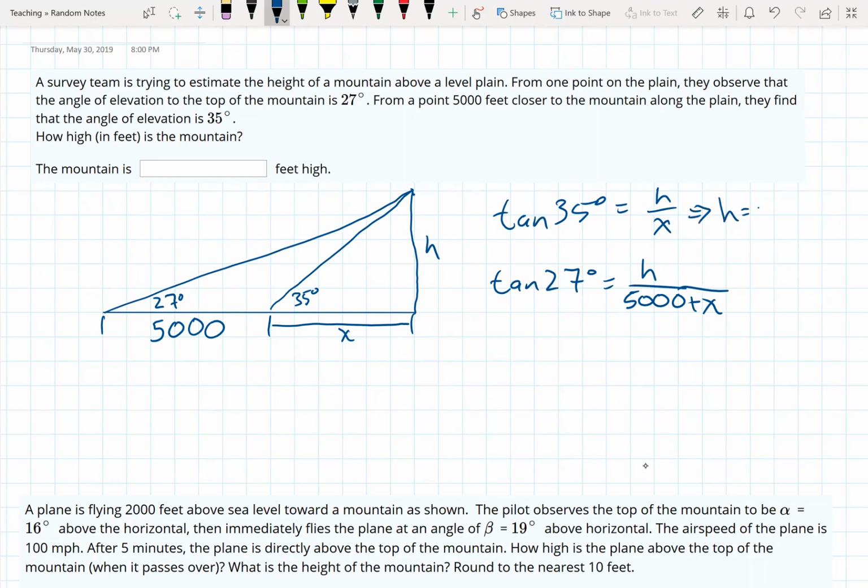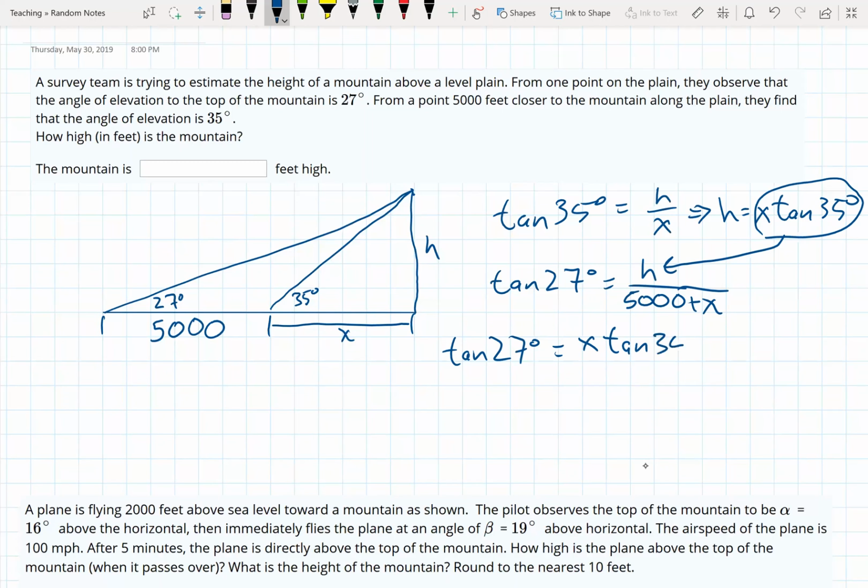So I've got h equals x times the tangent of 35 degrees. And then I'm going to plug x times tangent of 35 in for the h in the other equation, so that now I'll have an equation that only has x. So I'll have tangent of 27 degrees equals x times the tangent of 35 degrees over 5,000 plus x.